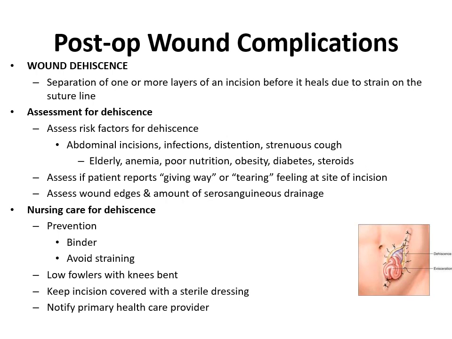So if you were to identify dehiscence, where you're starting to see those wounds give way, you want to put your patient's bed in low Fowler's position with their knees bent. You take that wound, put a sterile dressing over it, and notify the primary healthcare provider immediately.